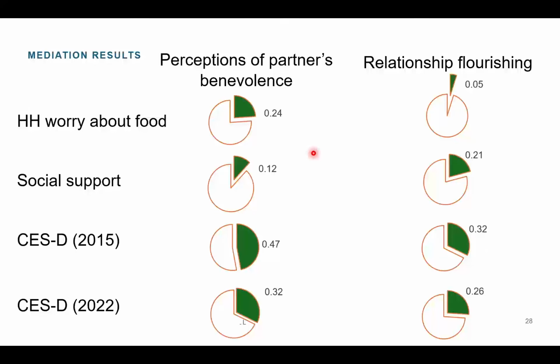We also collected the CSD in 2022. It's a little bit tricky because you don't have the temporal precedence; it's measured at the same time. But it seems to persist. So this is an interesting pathway for the effect, something to think about.